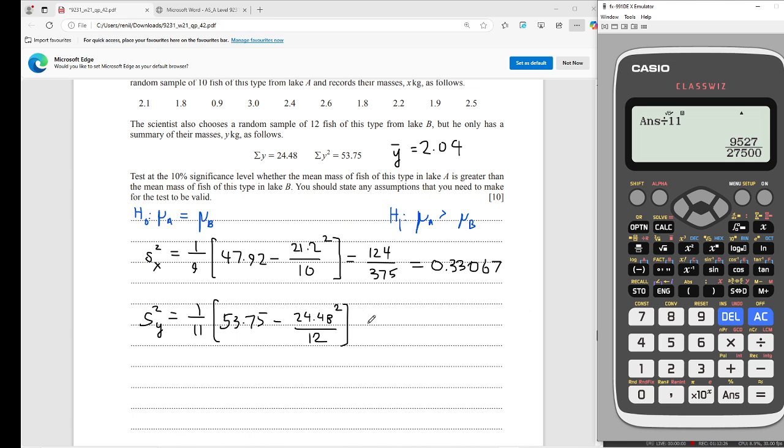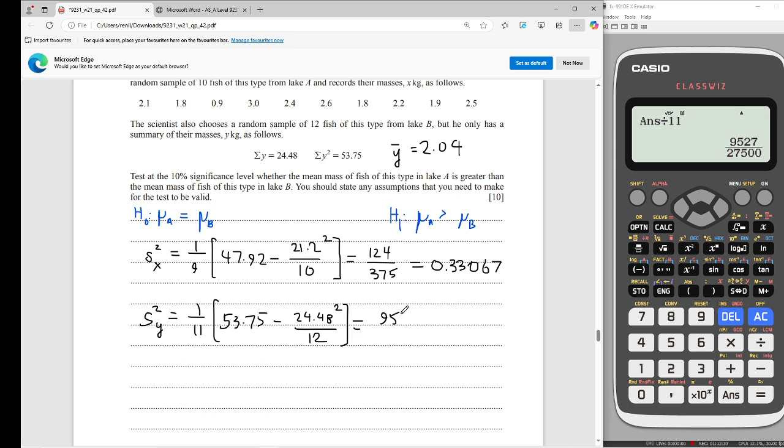Quite a big fraction, but quite a small value. So I have this here.